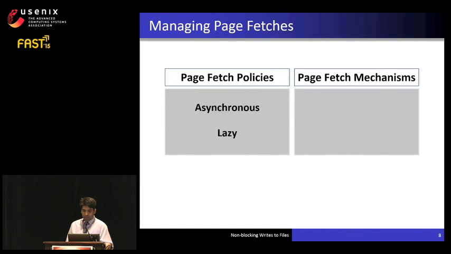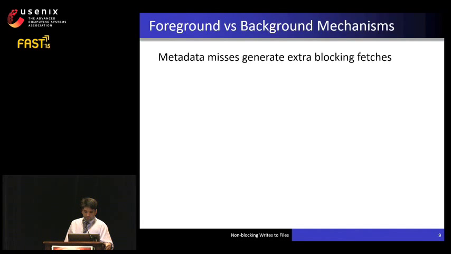And we present two different mechanisms, foreground and background. These mechanisms are motivated by the fact that even though we can issue data fetches in the background, there may be some other metadata misses that will generate extra blocking fetches.